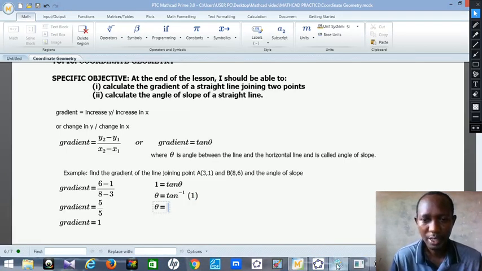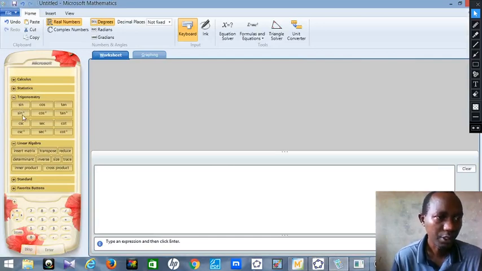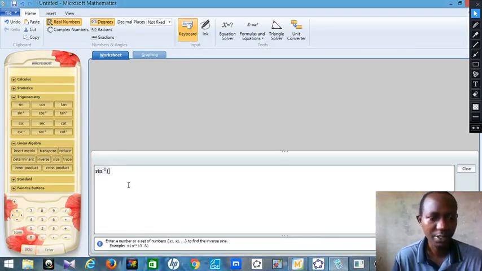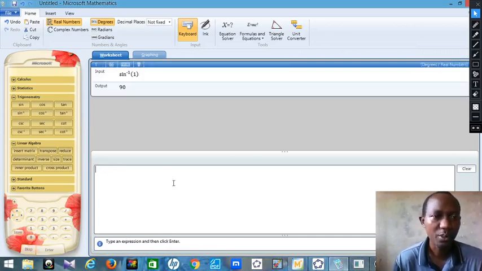You can use your calculator and check it if you are not too sure. Under your trigonometry, you get your tan inverse. Press it in your calculator, press your 1, close your bracket, then press equals.